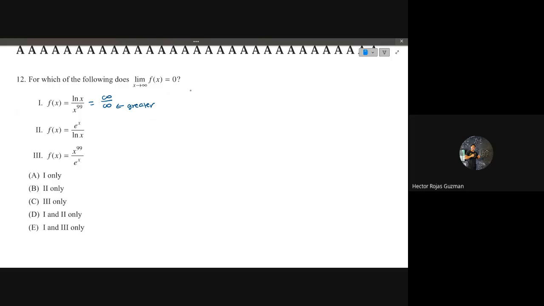The graph of ln of x looks like this, and the graph of x to the power of 99, because the power is odd, is like a cubic function, so it should look like this, and you can see that it's growing significantly faster. So here the limit is 0. Check. Small over big is always equal to 0.